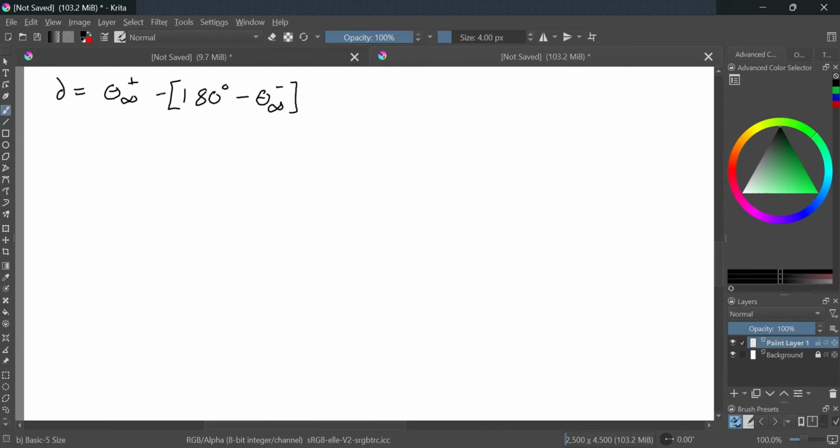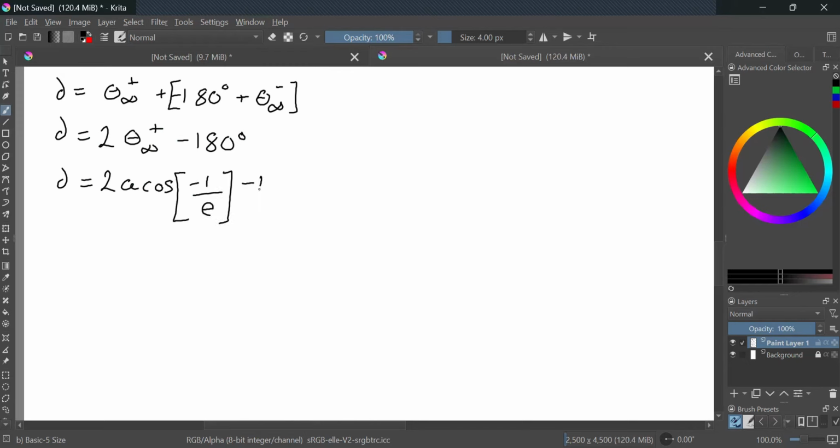And so distributing the minus sign here and rewriting, we can actually see that this is going to be 2 times the outbound angle minus 180 degrees. We know what our outbound angle is, so let's plug that in. All right. And so we get here.